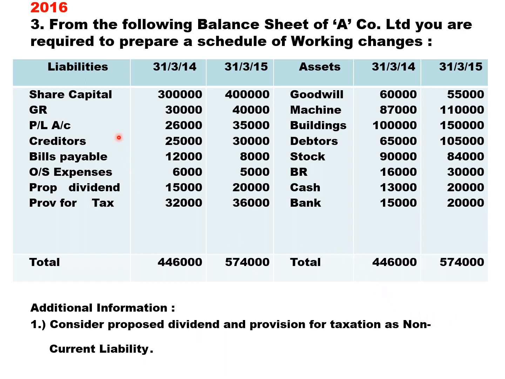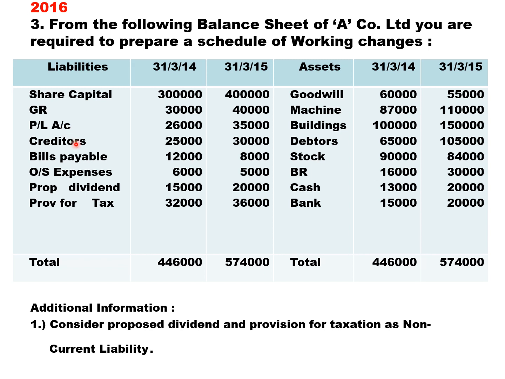In the third problem, it came in the 2016 question paper. From the following balance sheet of A company, you are required to prepare a schedule of changes in working capital. Kindly look into only current assets and current liabilities. Other items ignore. Share capital, GRPL, ignore.